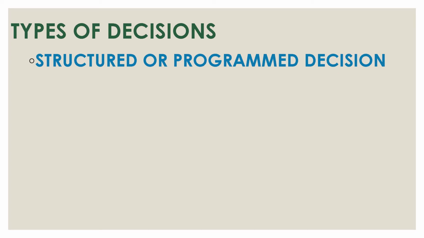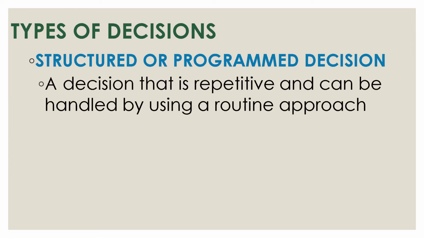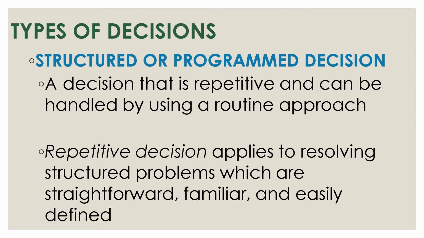There are two types of decisions: the structured or programmed decision. When we say structured or programmed decision, it is a decision that is repetitive and can be handled by using a routine approach. Repetitive decision applies to resolving structured problems which are straightforward, familiar, and easily defined.